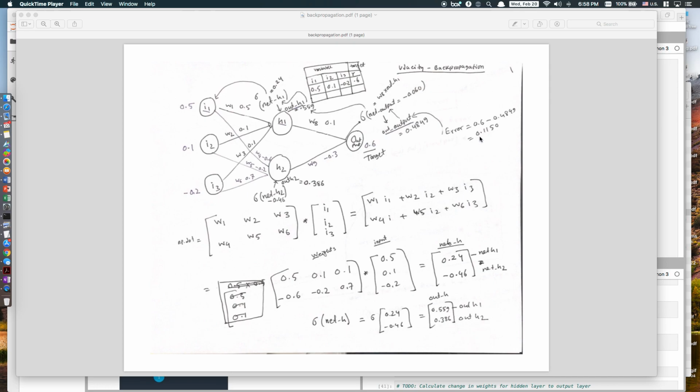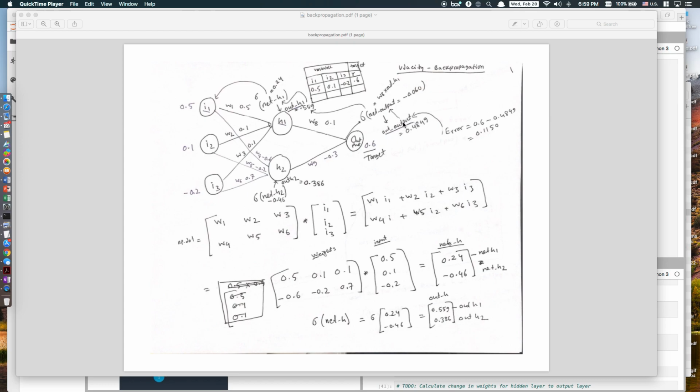Now our error is our actual value 0.6 minus 0.4849, so we'll get an error of 0.1150. This is our error. So how will we change w8 or w9? Let's say I'm talking about w8. We'll multiply the error and the derivative of the output.